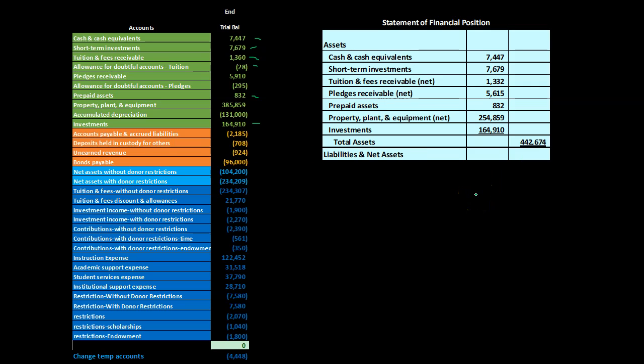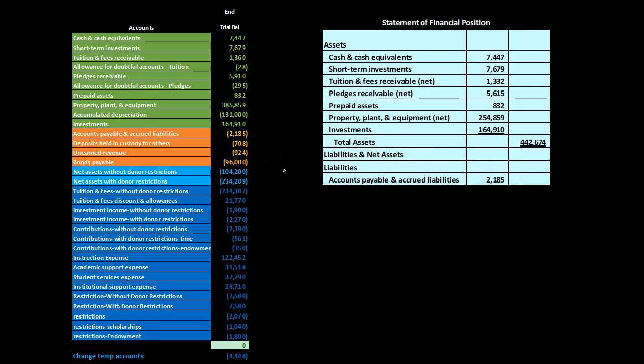We move then on to the liabilities. Liabilities in orange. Liabilities having a credit balance. We're then converting that credit balance to a plus and minus format in our statement of financial position. So we're going to have the accounts payable and accrued liabilities. That's going to be a credit here, which we of course will convert to a positive number in the statement of net position.